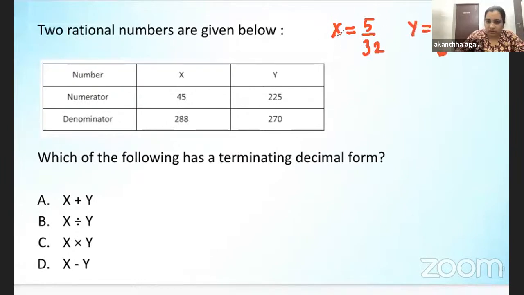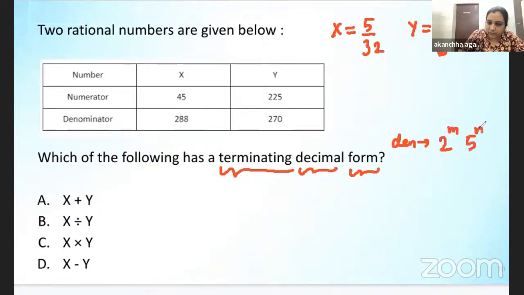So till here we have no doubts, right? The question is asking which of the following has a terminating decimal form. Terminating decimal form means the denominator can only have 2 and 5 or their powers. We should not have any other factor in the denominator.